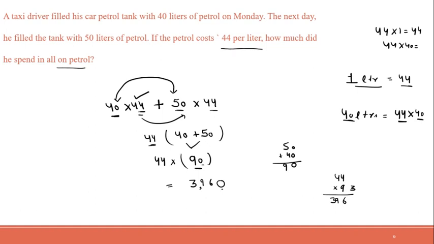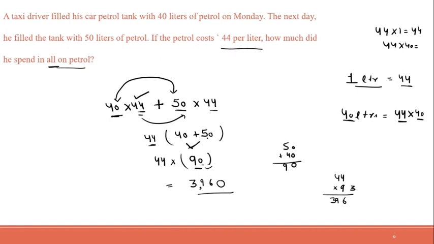That means 3960 for 90 liters of petrol. Got it? This is what the question has asked: how much did he spend in all on petrol, that means for both the days. He bought 40 liters on the first day, 50 liters on the next day, so we add these two quantities.